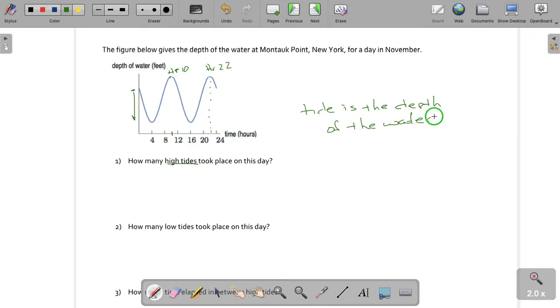And you may have learned in science class that the moon, so we have the earth down here, and out here we have the moon, and the moon pulls water towards it, okay, because there's gravity on the moon. So the water on the earth actually kind of goes out towards the moon a little bit, and that's what this water is doing. It's going out to the moon, and then the moon goes away, and then the moon comes back again.